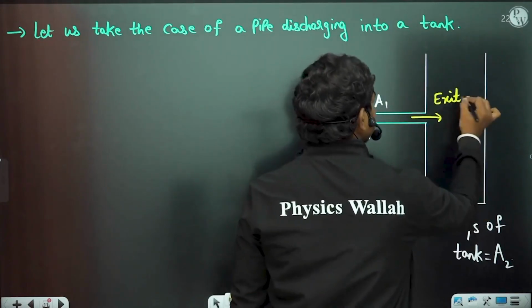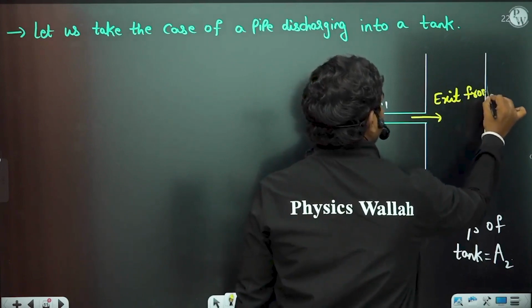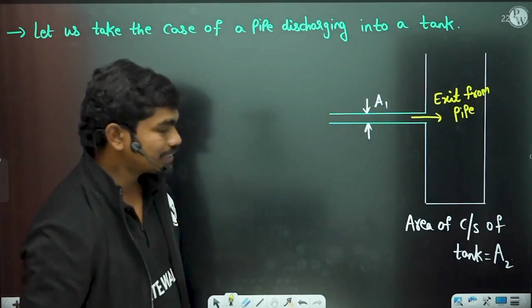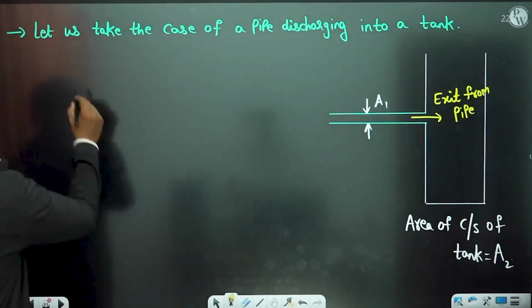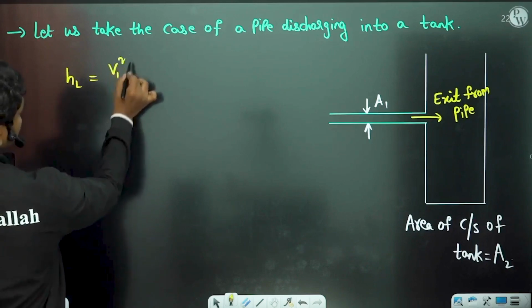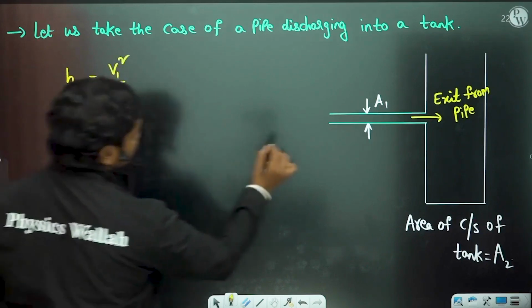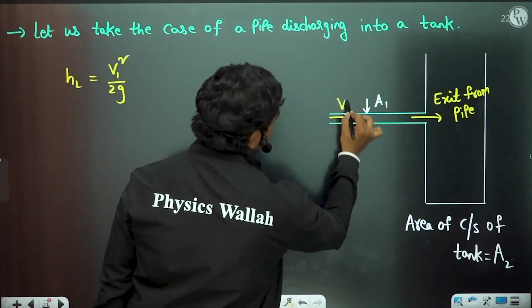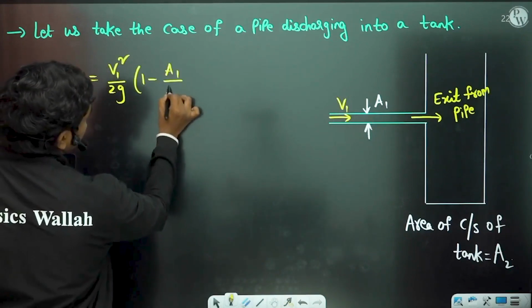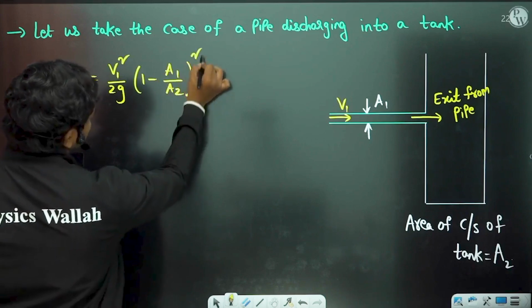The head loss HL is equal to, as we have just seen, V1 square by 2g, where V1 is the velocity of the flow in this pipeline, times (1 minus A1 by A2) whole square.